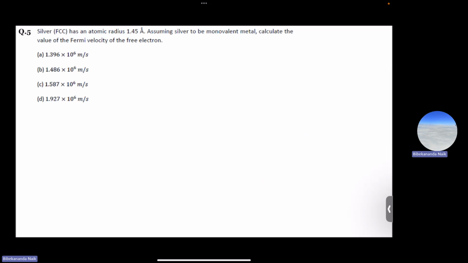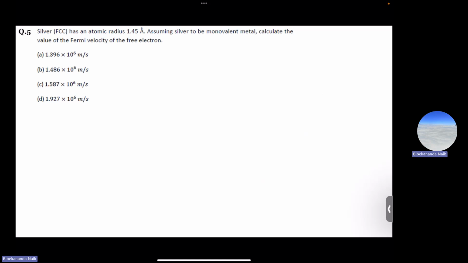So silver, which has an FCC structure, has an atomic radius of 1.45 angstrom. Assuming silver to be monovalent metal, calculate the value of Fermi velocity of the free electrons.